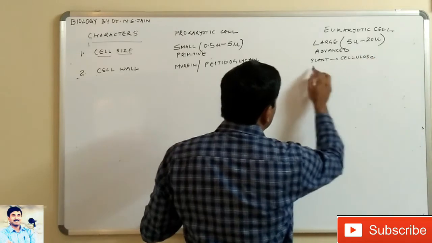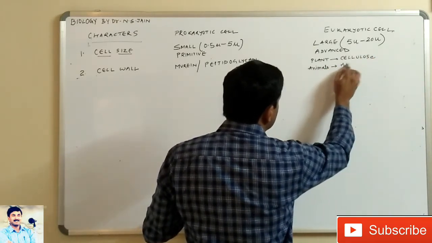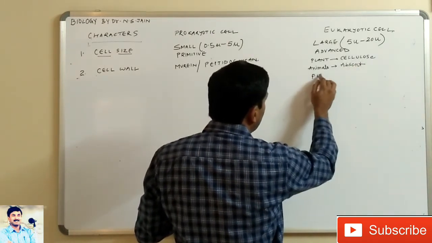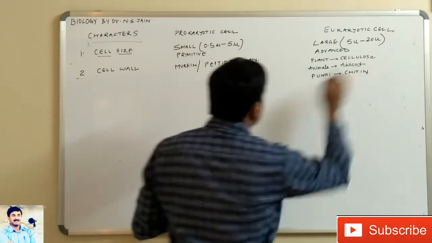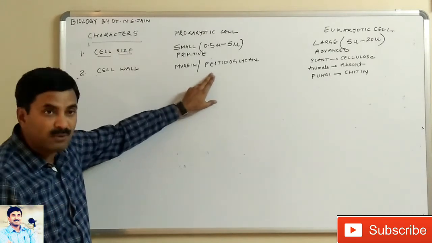In animals, the cell wall is absent, and in the case of fungi, the cell wall is made of chitin. Got it? Here the cell wall is made up of murein or peptidoglycans.